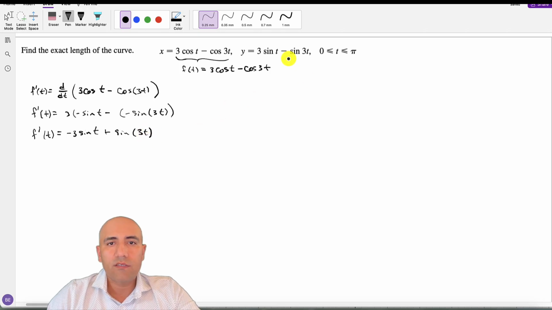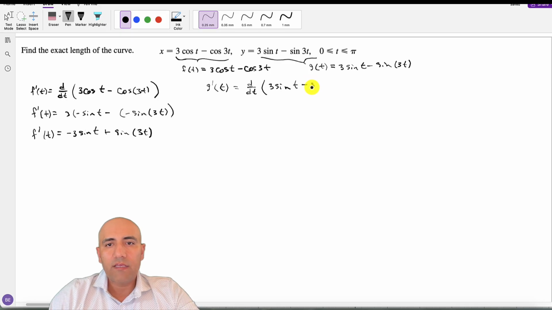Okay. Likewise, this equation here is the g of t. So this is y equals g of t. So g of t is equal to 3 sine of t minus sine of 3t. So when I find its derivative, g prime of t is equal to the derivative with respect to the variable t on 3 sine of t minus sine of 3t.